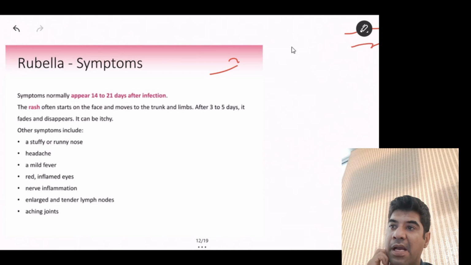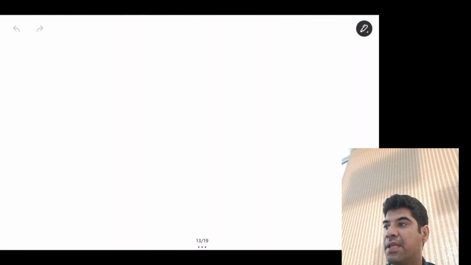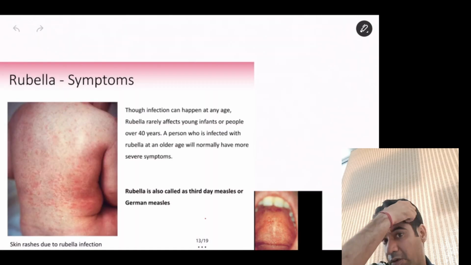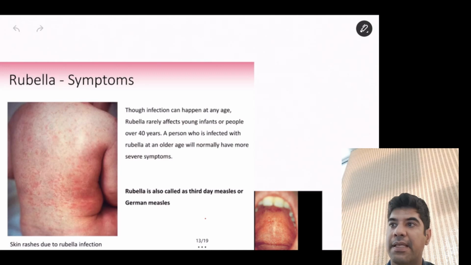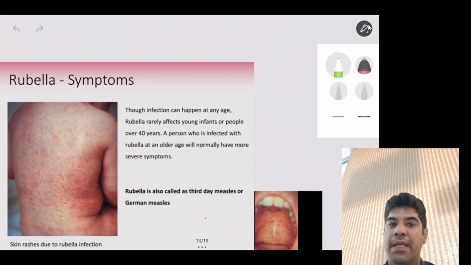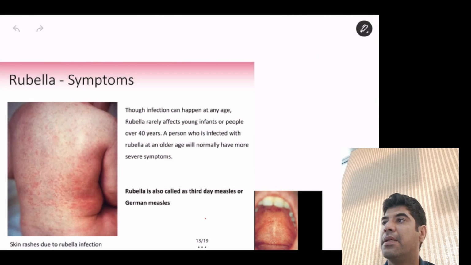There may be tender lymph nodes. The rash usually starts on the face and neck region, spreads to the body within a day and fades with desquamation. It is usually resolved by day 3.